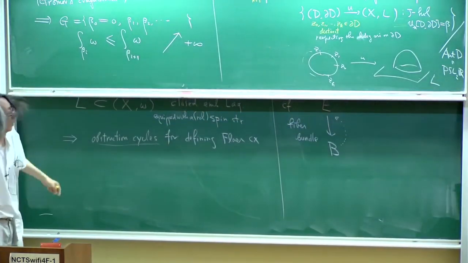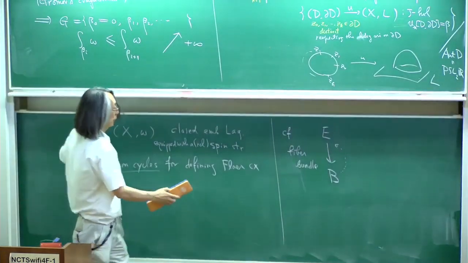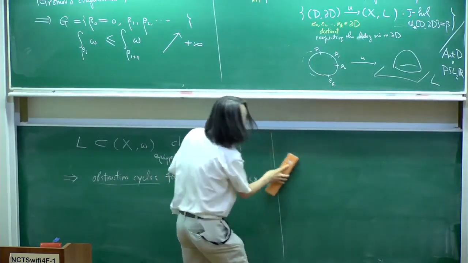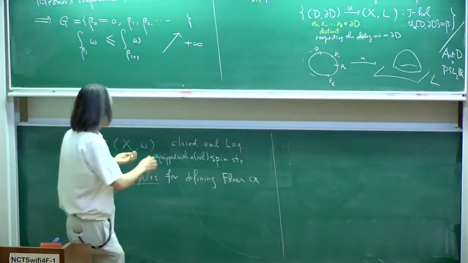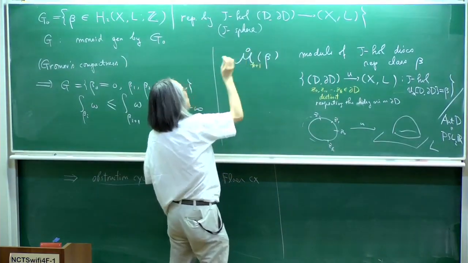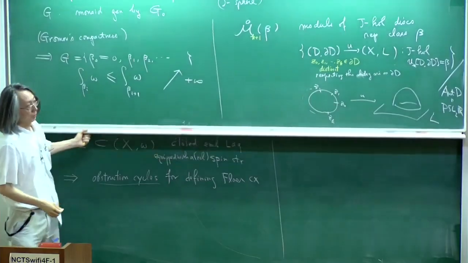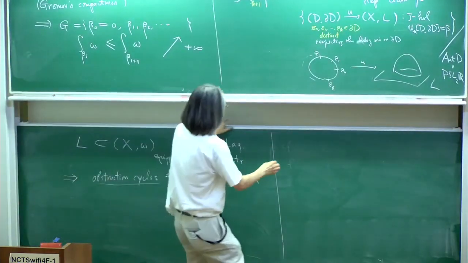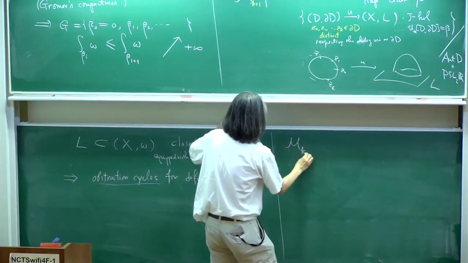And now I need some compactification of this. So maybe better to denote it with a circle. And then now I consider M_{K+1}(beta).